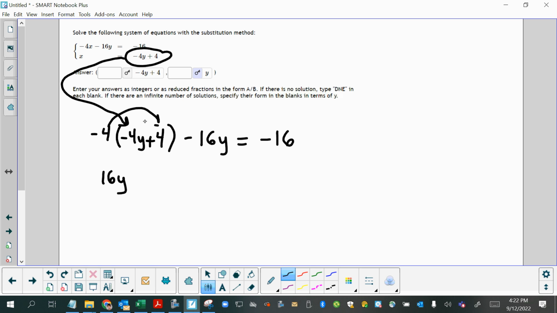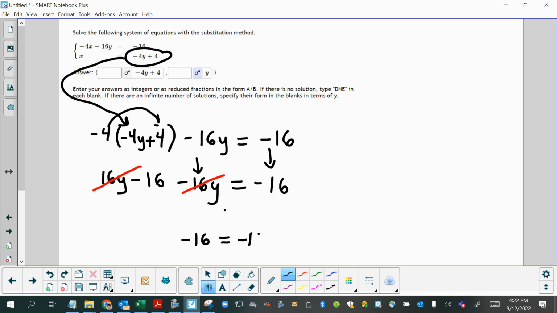Negative 4 times positive 4 is negative 16. Negative 16y, I'll just bring that down and then bring down this as well. Now we see this positive 16y and negative 16y combine to be 0, and then we have negative 16 equals negative 16.